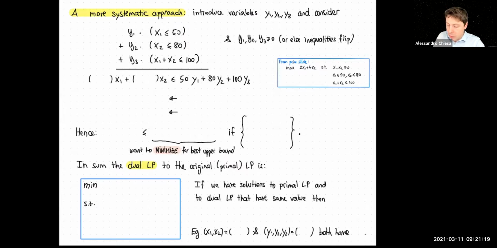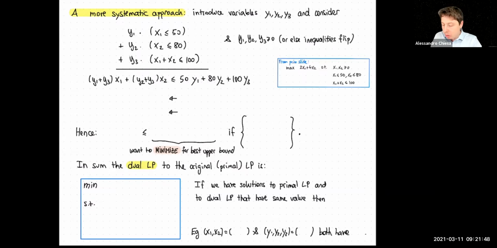So x1 has coefficient y3 and y1, so I'm going to write y1 plus y3 times x1. And x2 has coefficient y2 and y3, so I'm going to write y2 plus y3 times x2.